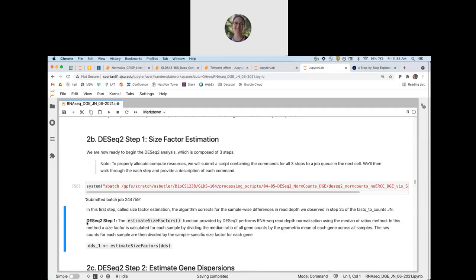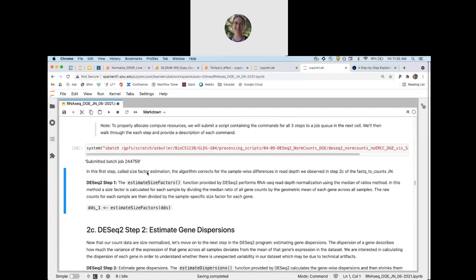Once we get this started, we can go through and look at the code. Size factor estimation is, remember, correcting for sample-wise differences in read depth. We're going to use a function provided by DESeq2 called estimateSizeFactors. This function performs all those steps that we talked about, calculating the median for each gene, taking the ratio of each sample, all these things.